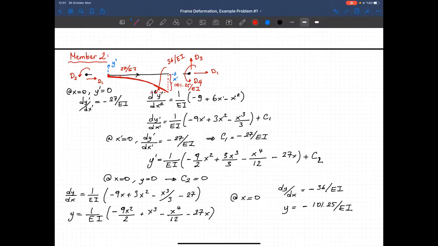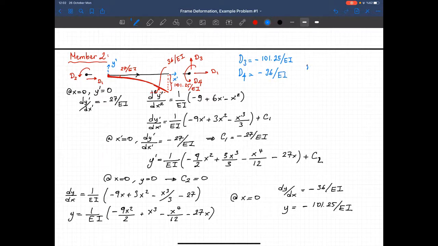Now I'm looking at what's going on at that end. Now we define D3 in the upward direction, but this point moved in the downward direction. So the magnitude of D3 is equal to minus 101.25 divided by EI. And the magnitude of D4 is equal to minus 36 divided by EI.